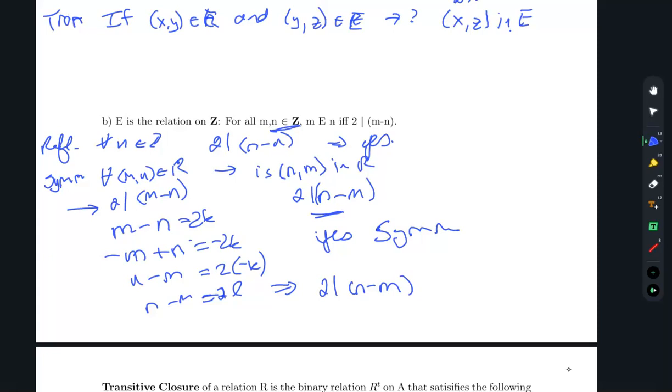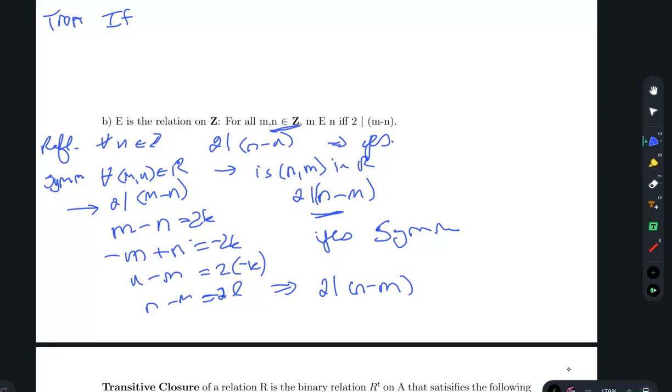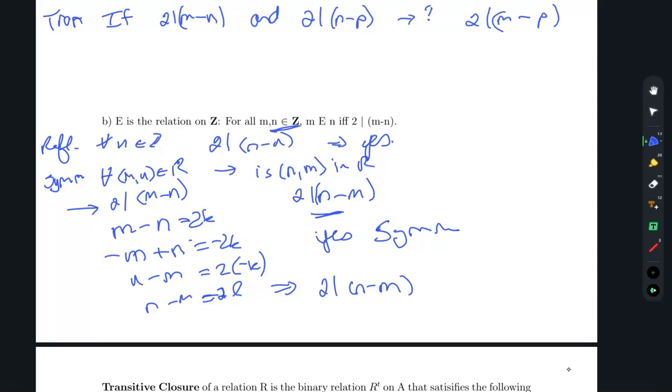Actually, I should not be doing x's and y's. Let me redo that. I should be doing m's and n's because we are in integers. Let me just write it. If 2 divides m minus n and 2 divides n minus p, is it true that 2 divides m minus p? Let's flesh this out.